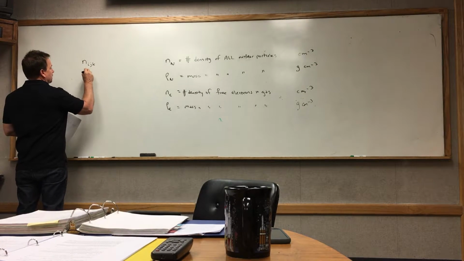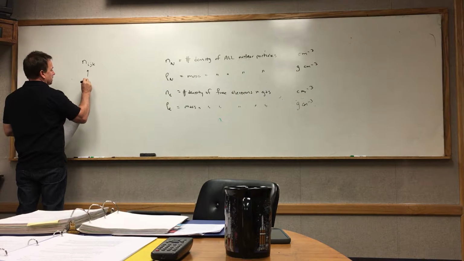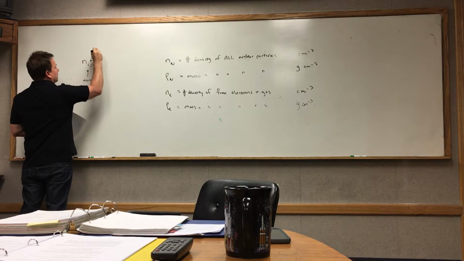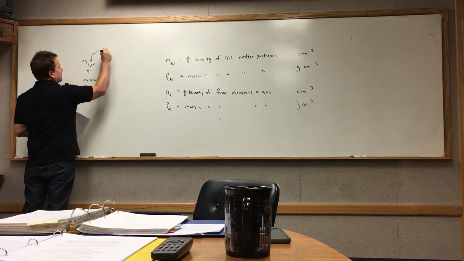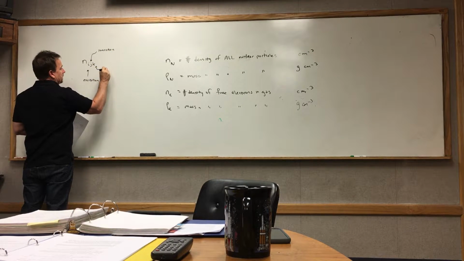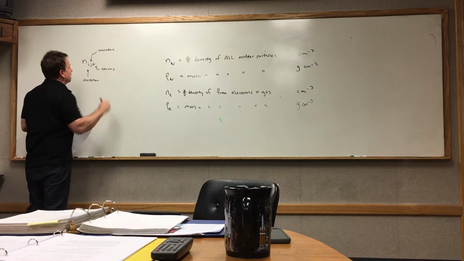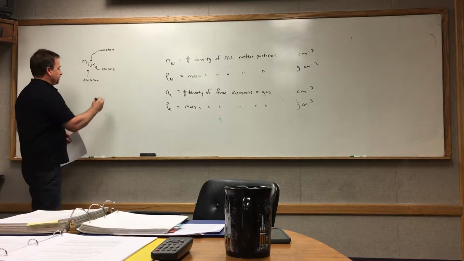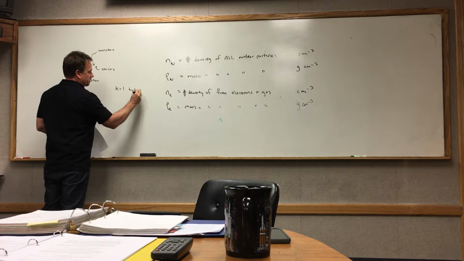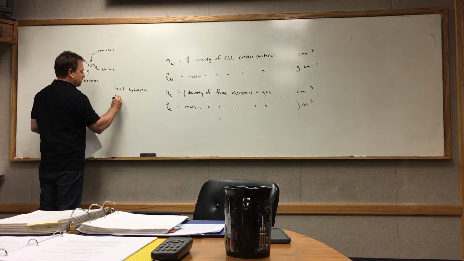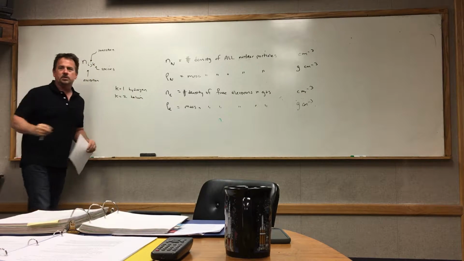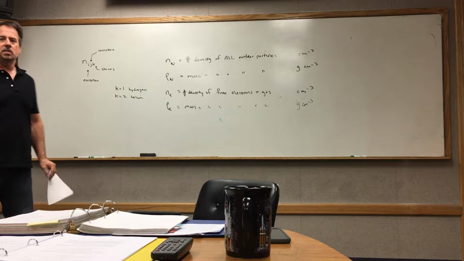I is excitation, J is ionization stage, and K is what species you are. K equals 1, hydrogen. K equals 2, helium. In a sense, it's the Z number, or the atomic number.